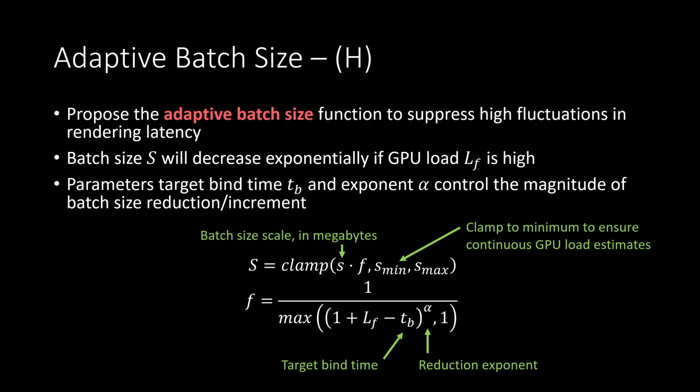In the equations below, we compute the batch size S from a defined batch size scale, s in lowercase, modified by the reduction factor F. We make sure to clamp the batch size S to a minimal value to ensure continuous GPU load estimations, even when the streaming system is performing very slowly.